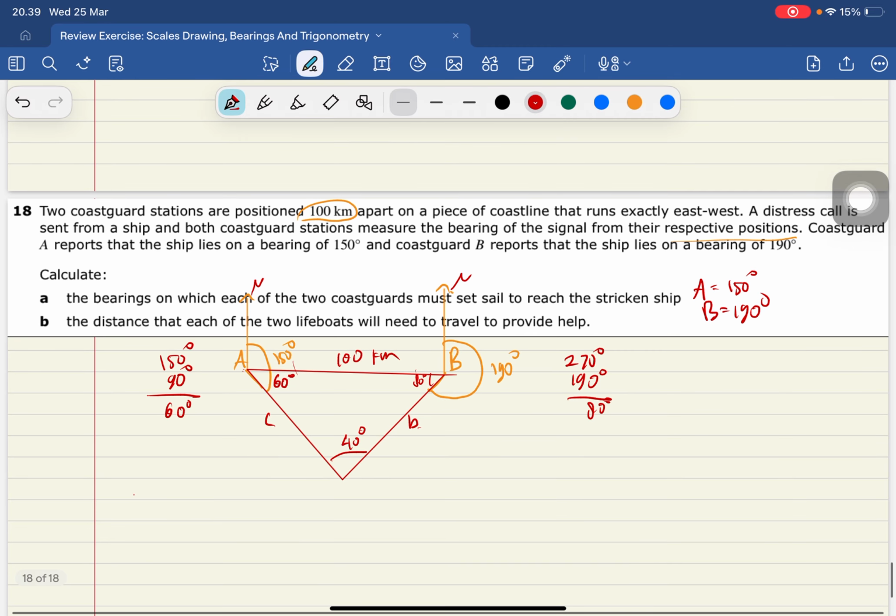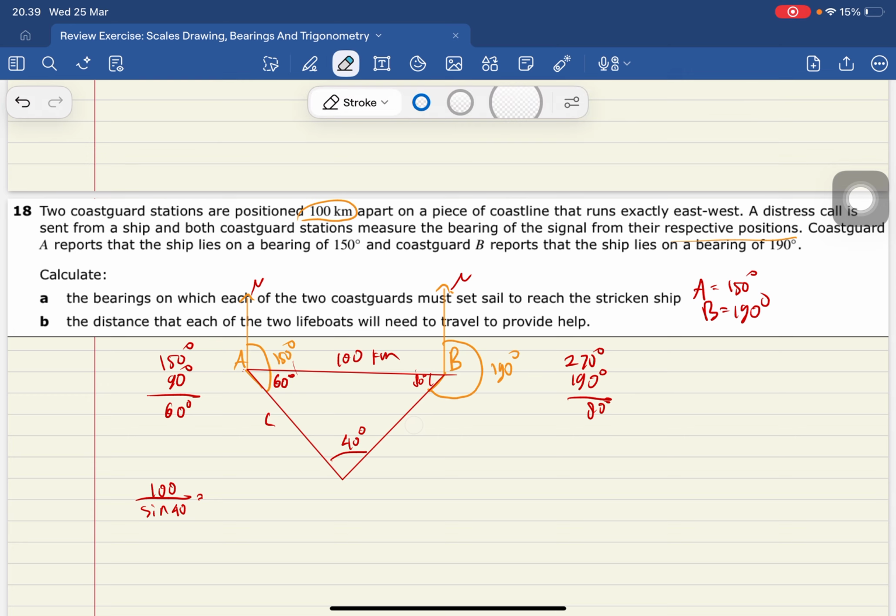So first, 100 divided by the sin of 40 degrees equals, for A, over sin of 60 degrees.